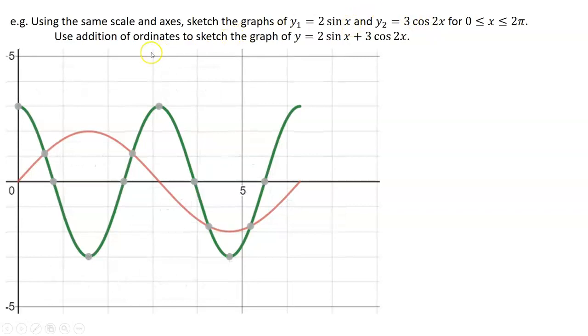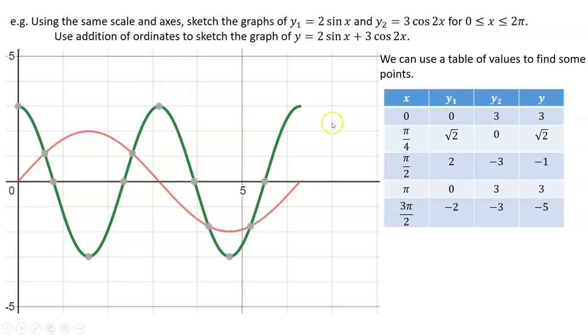Now, let's think about how we're going to use addition of ordinates. There are plenty of parts of the graph where we know the exact value, so we can draw up a table of values so we can find some points on the graph of the sum of these two. So I've chosen, well, you can see what values of x I've chosen.